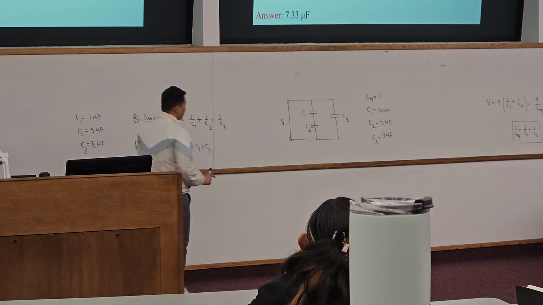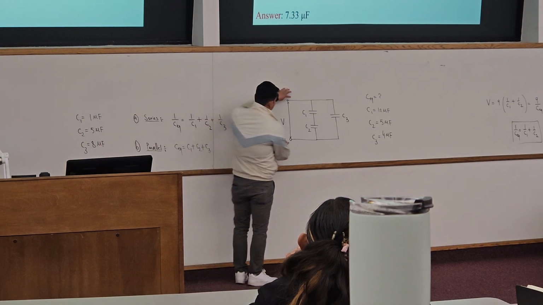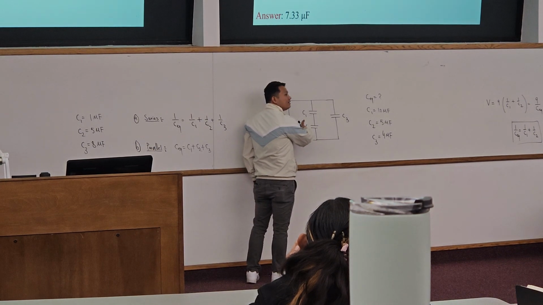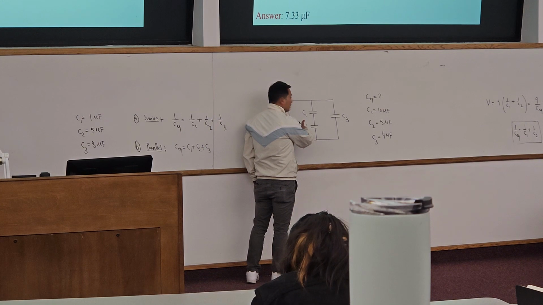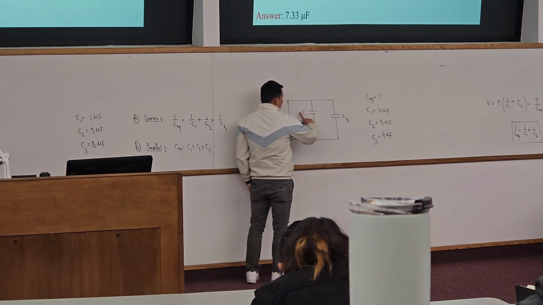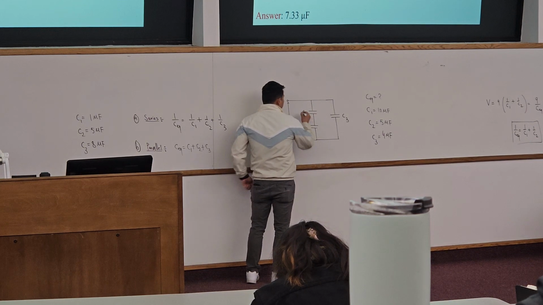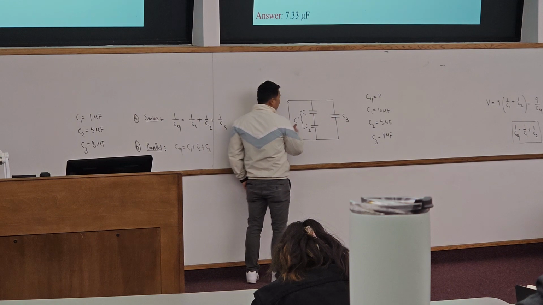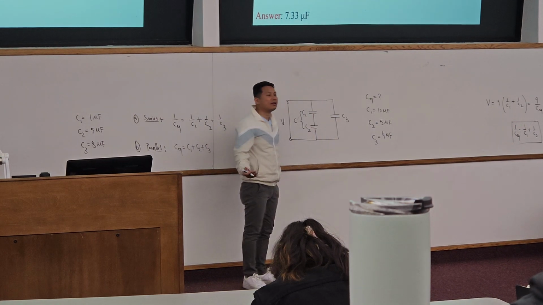Here it's a little bit tricky, so take a look at this one. You have a battery. C1 and C2 are connected in series. Once you get a combination around here, let's say you have a C prime. The C prime and C3 are going to be in parallel.